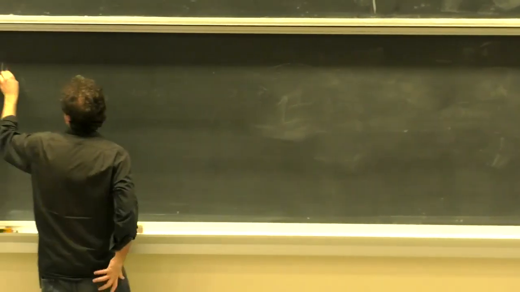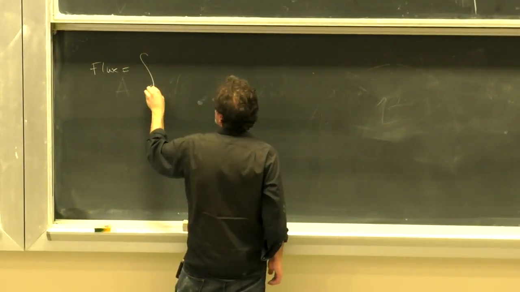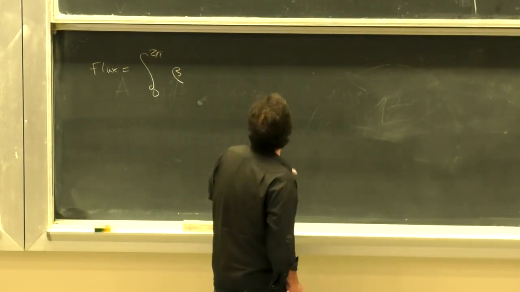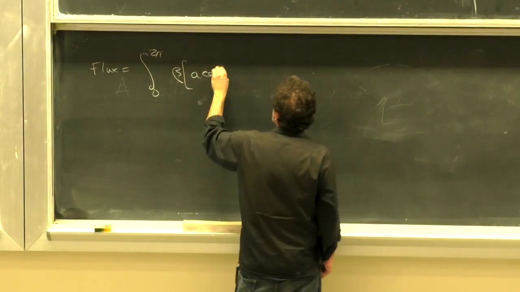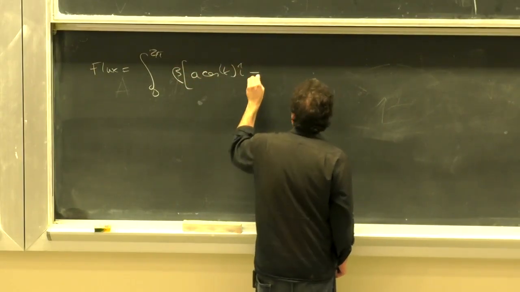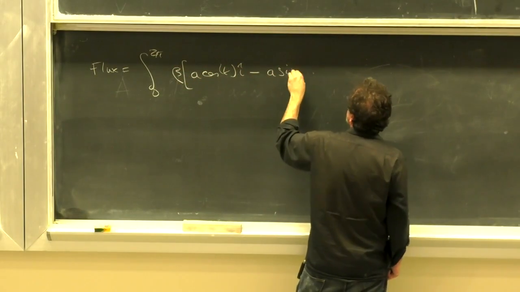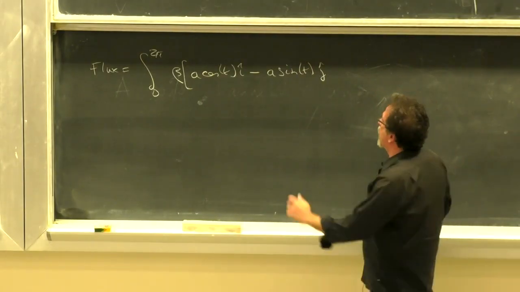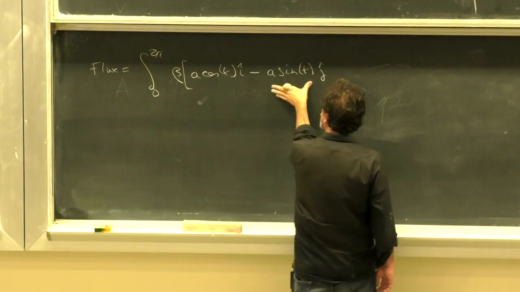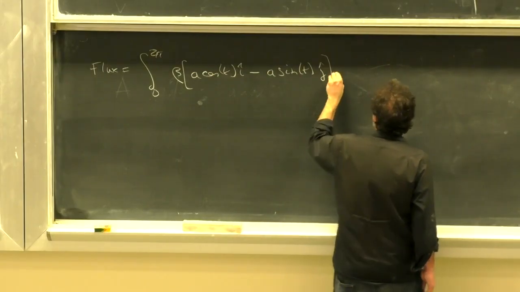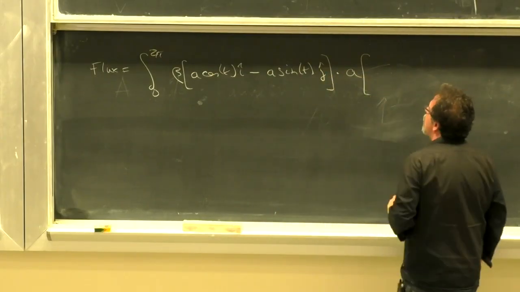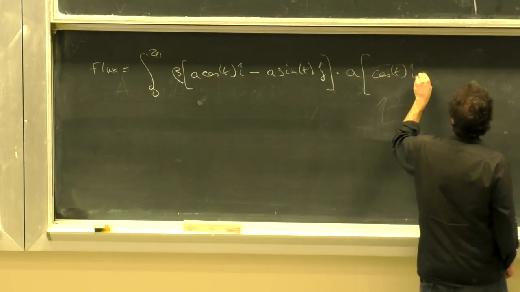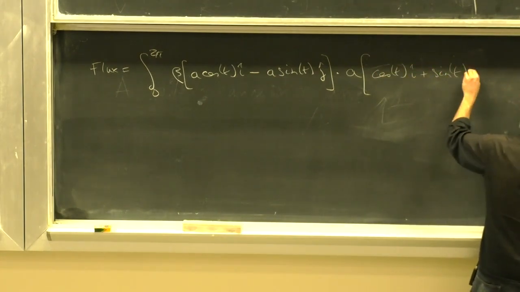So the flux is equal to the integral from 0 to 2 pi beta times a cos t I hat minus a sine t j hat. That's the x I hat minus y j hat dotted into a times the normal vector, which is cosine t I hat plus sine t j hat.